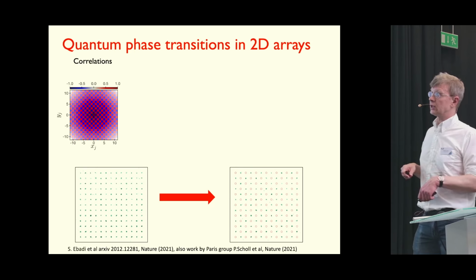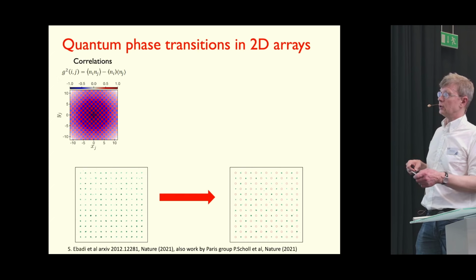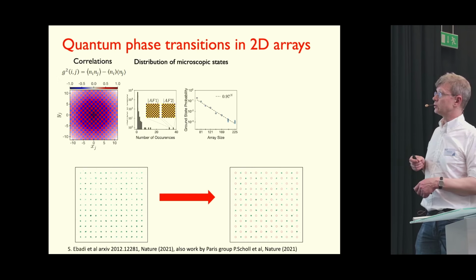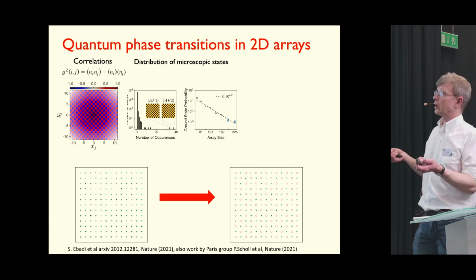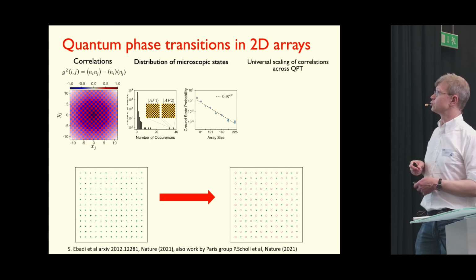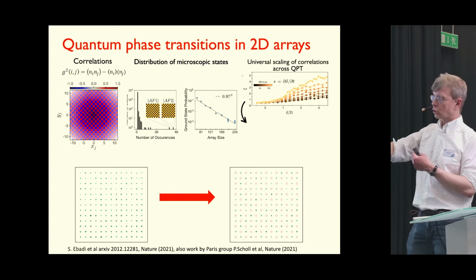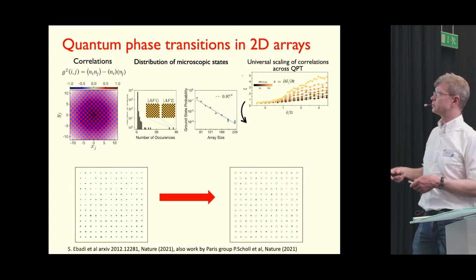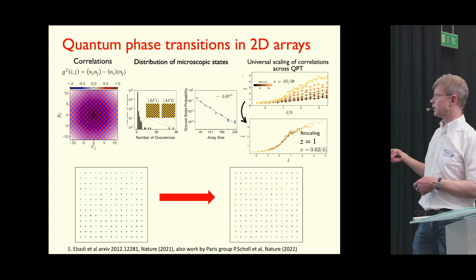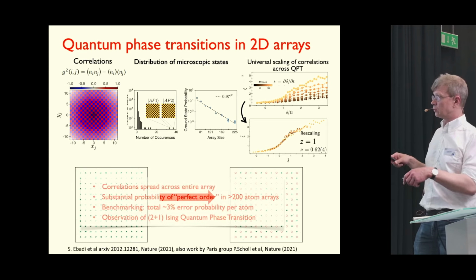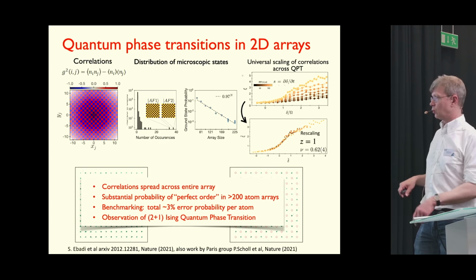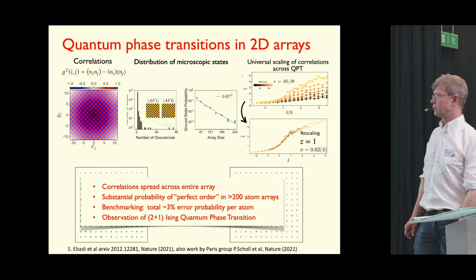You can analyze the states in different ways. You can look at the 2 particle correlation functions. You can also look at distribution of microscopic states. You can also study dynamics, and from these dynamic studies, where you go across the phase transition with different speed, you can, for example, extract things like critical exponents. These are the tools which are used now across the community in many different experiments.